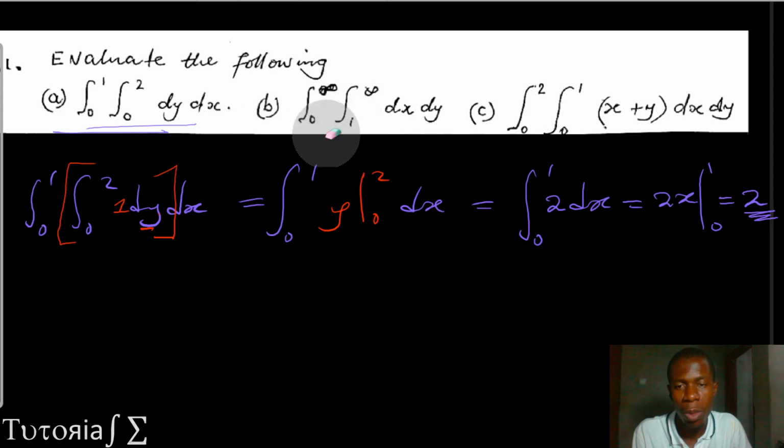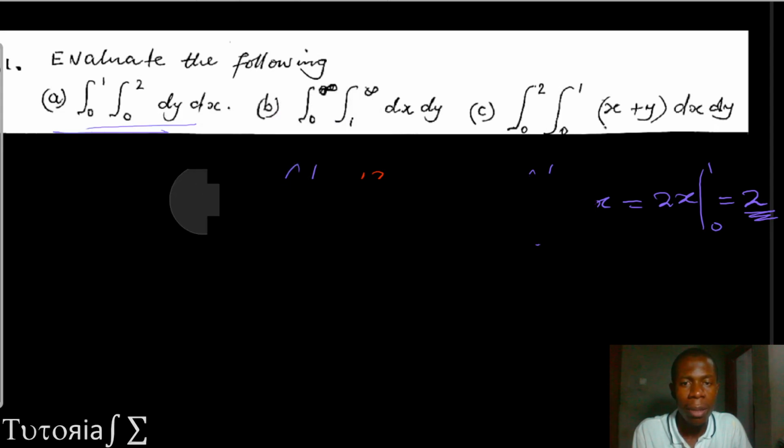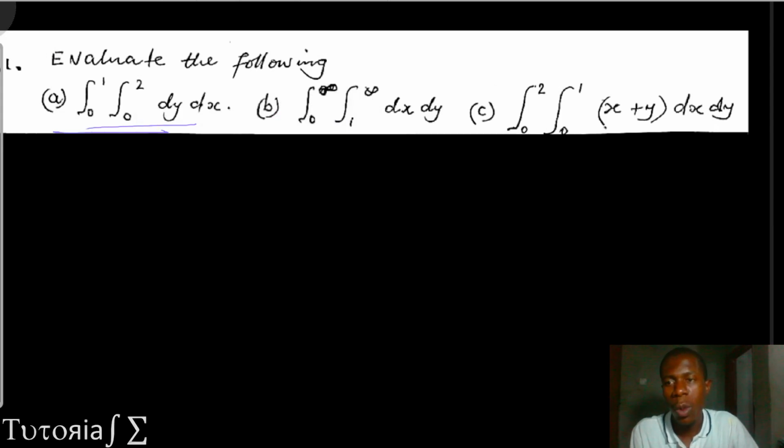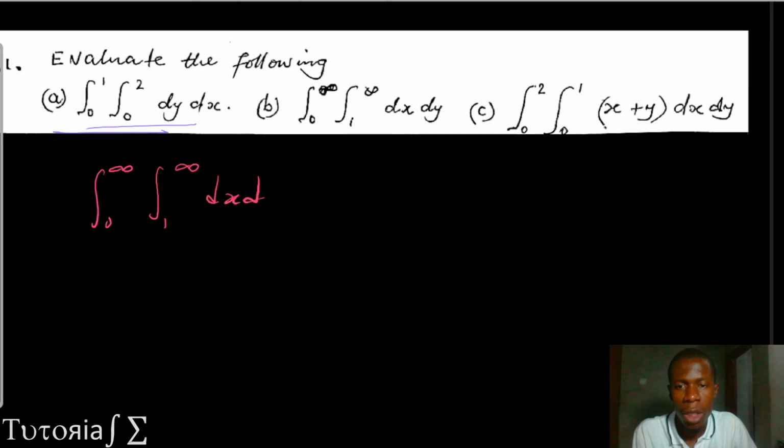Now we go to question 1b. So in 1b, we are evaluating from 0 to positive infinity, and from 1 to positive infinity, dx dy. Basically here it is the same thing. So we are going to start with the inside. We integrate the inside with respect to x.